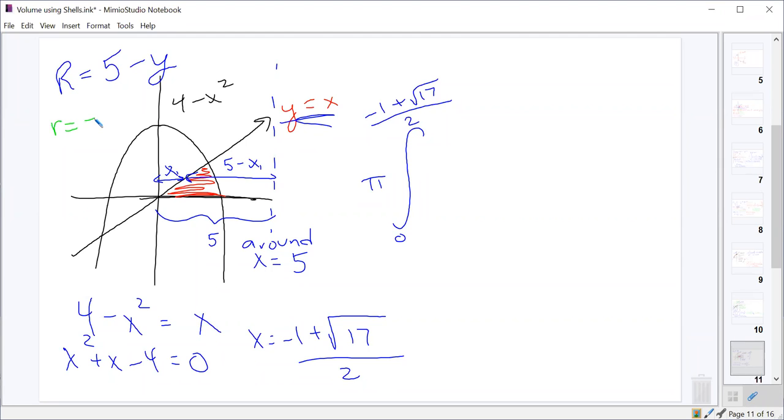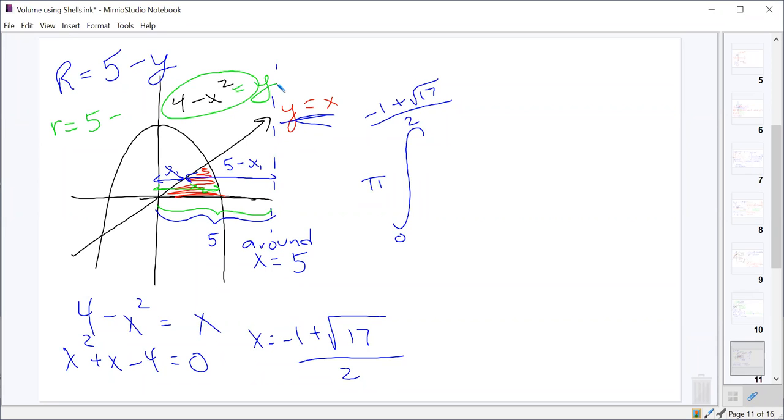And our inner radius ought to equal 5 minus, so 5, right? But minus this x. And that x is that x, right? That's equal to y. And what do we get?